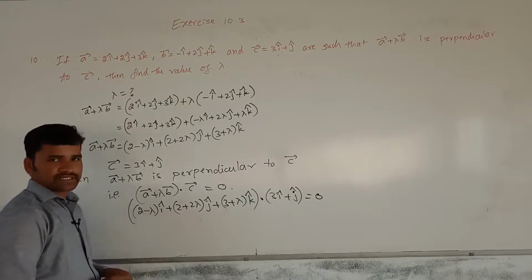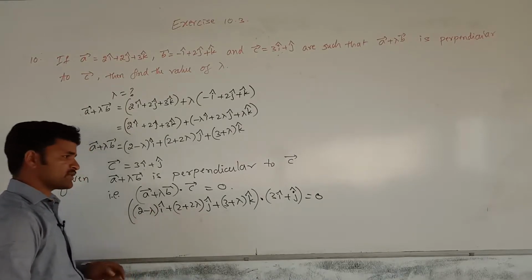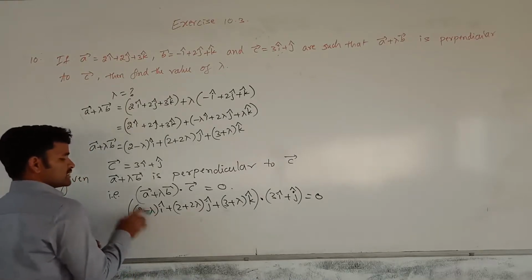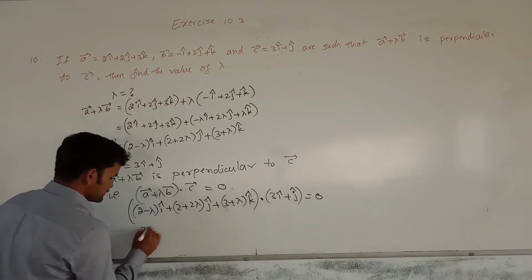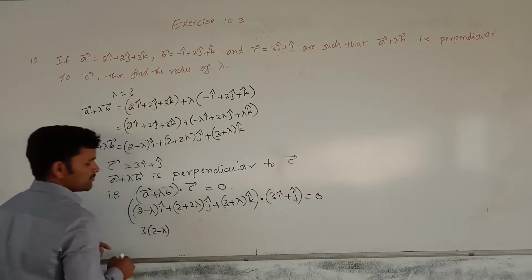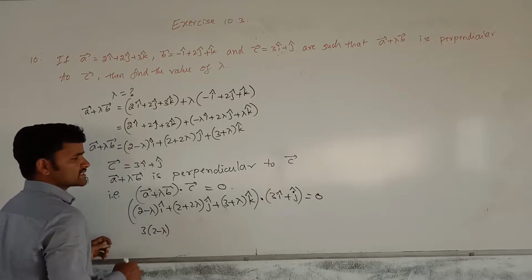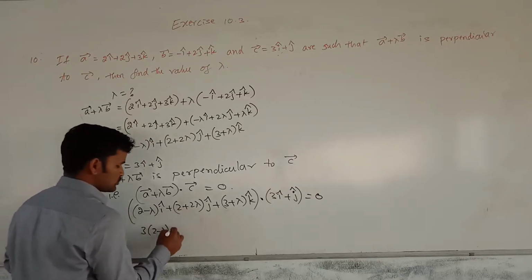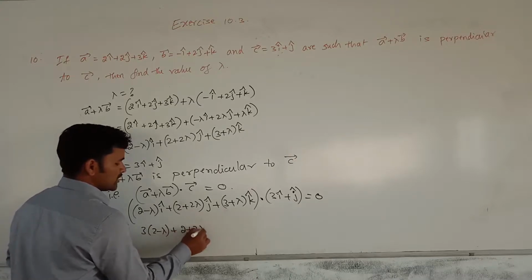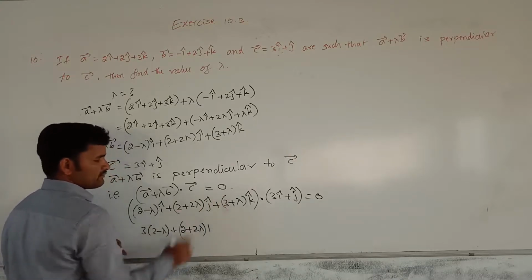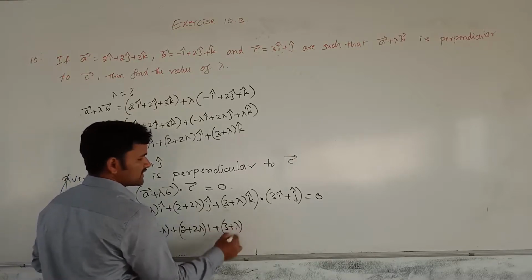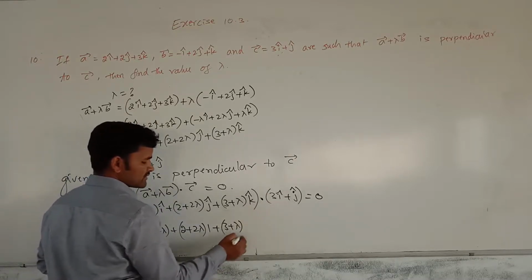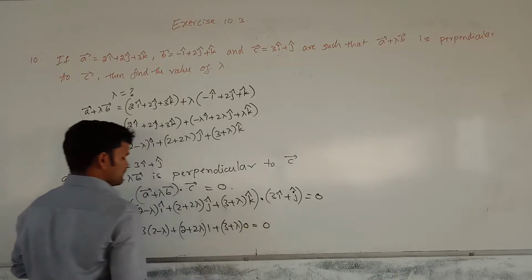Here dot product is there, taking the corresponding components' product. I component is 2 minus lambda, here i component is 3. This is 3 into 2 minus lambda. Next j component, here 2 plus 2 lambda, and the j component is 1. Next k component is 3 plus lambda, but k component is not there in C, so into 0.